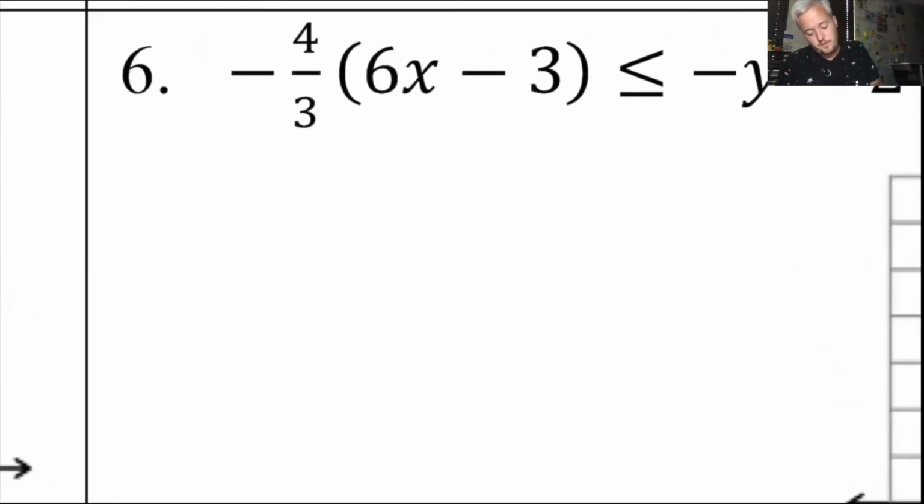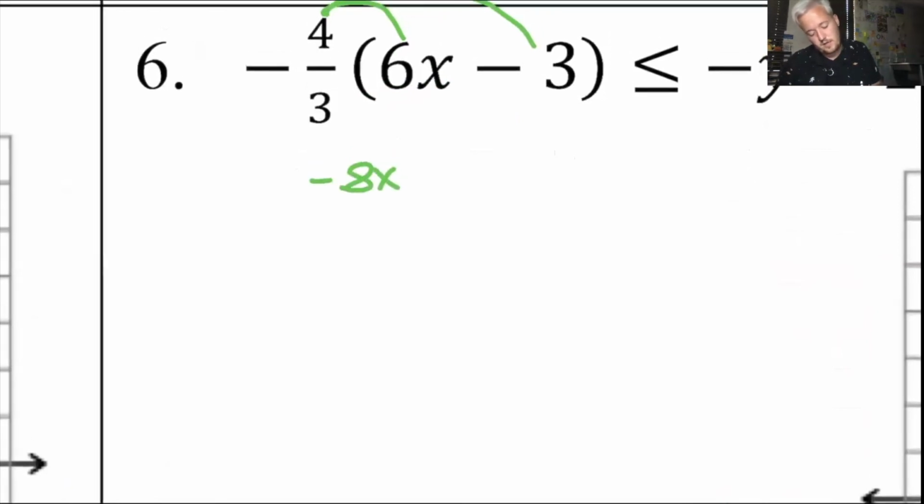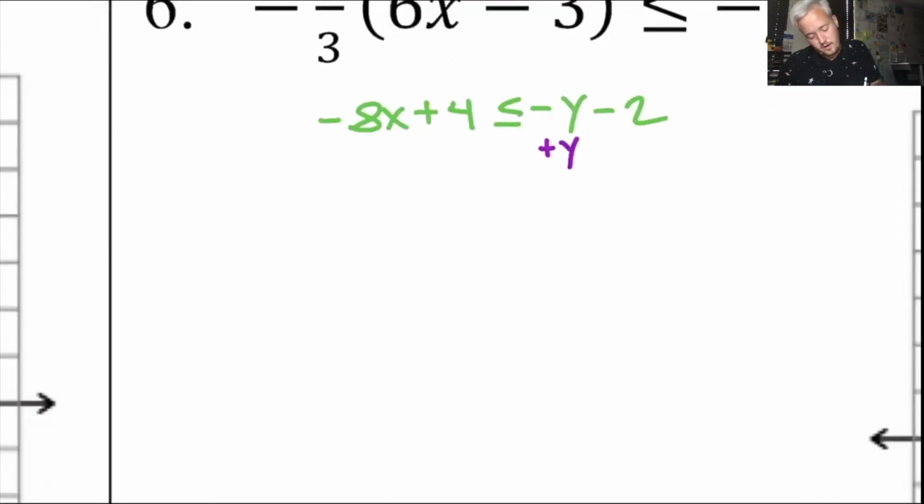But what I'm going to do first is distribute. All right, so we have a -4/3 times 6. So that's going to give you -8x. Then -4/3 times -3, which is going to give you a +4, less than or equal to -y minus 2. So I'm going to go ahead and just add over this y.